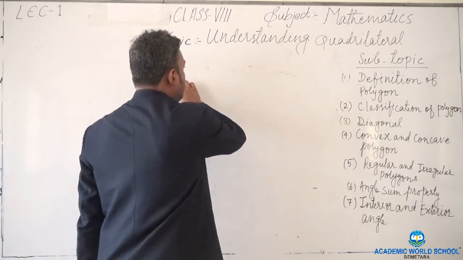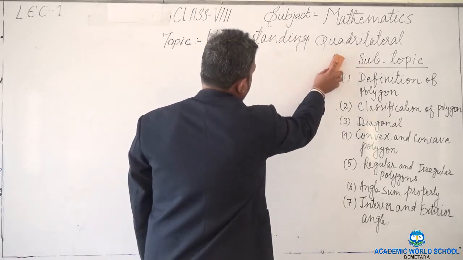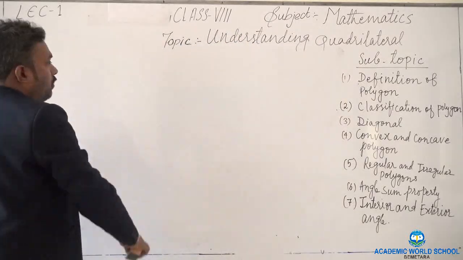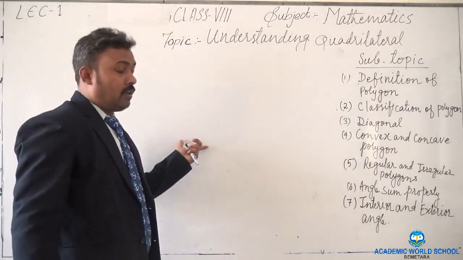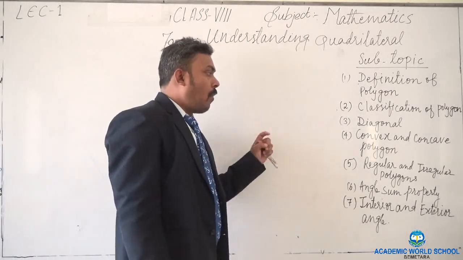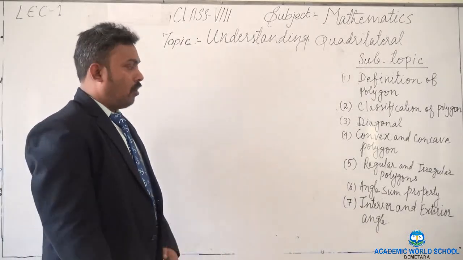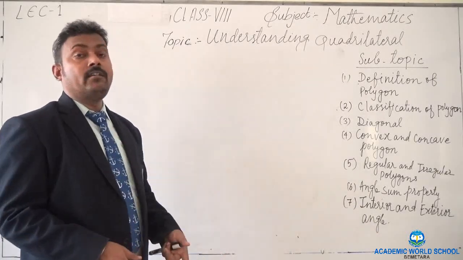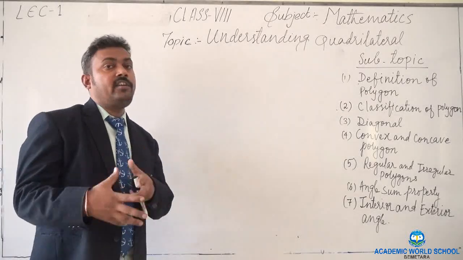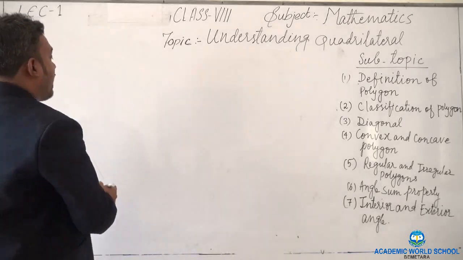Now, we know that earlier we categorized polygons on the basis of the number of sides. Now we are going to categorize polygons on the basis of the angles inside them, that is, on the basis of interior angles.